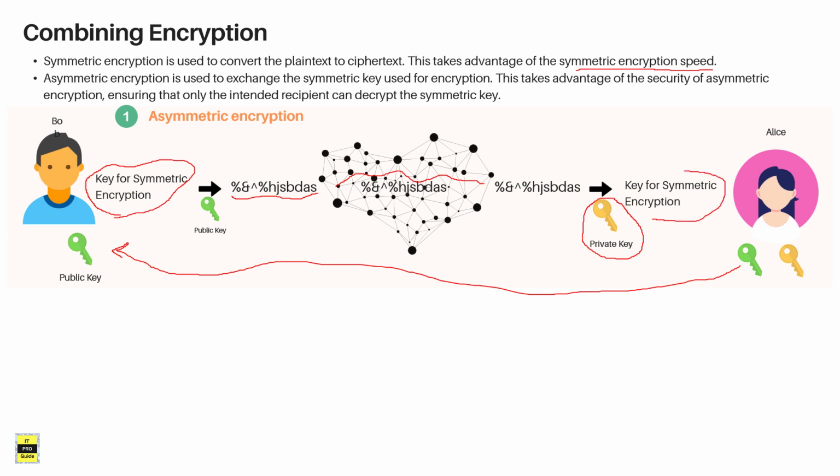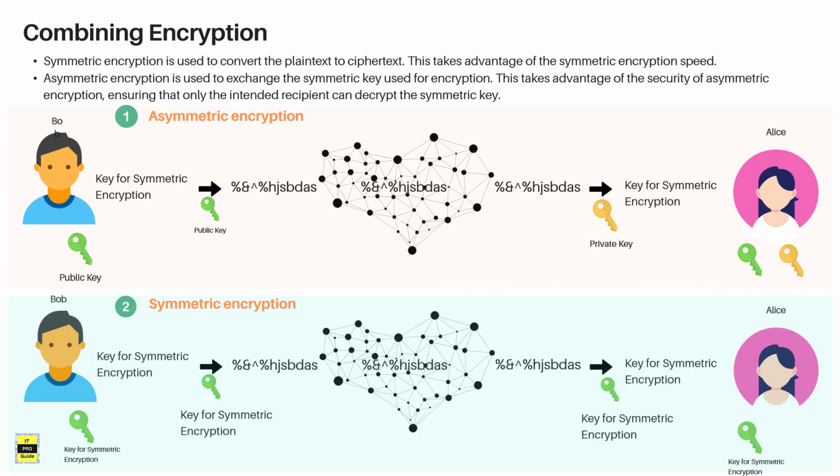Now Bob and Alice have a secret key that was shared over the network in a very secure way, using asymmetric encryption. In the next step, they switch the communication to symmetric encryption, and as they have a key shared securely, they use the same key for encryption and decryption, and at this moment they can start the bulk data transfer. This is how VPNs actually work.